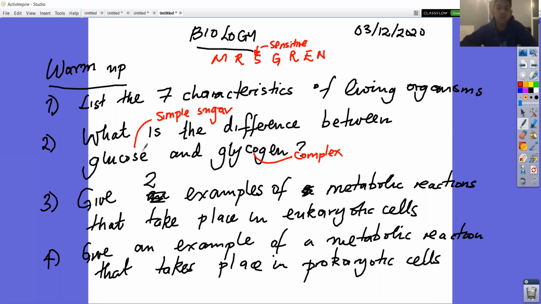So you have a quick supply of glucose as opposed to it having to come through the blood. Okay, so that's a complex sugar which breaks down into glucose.